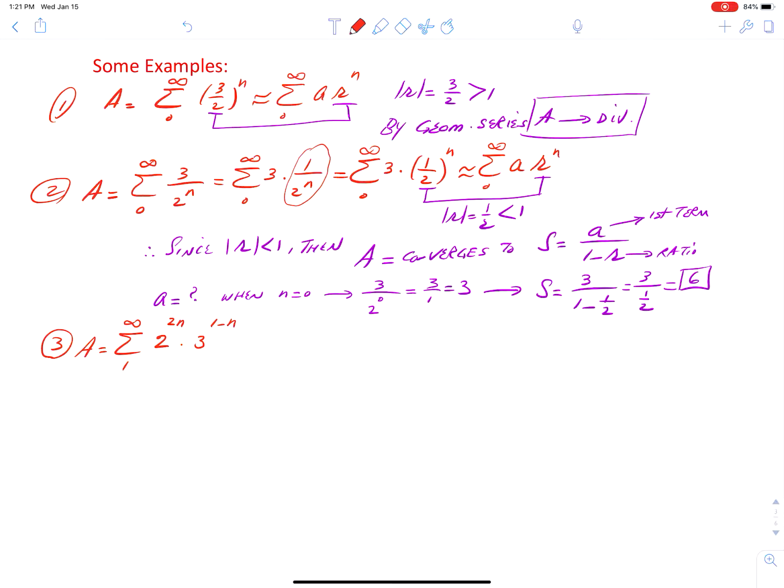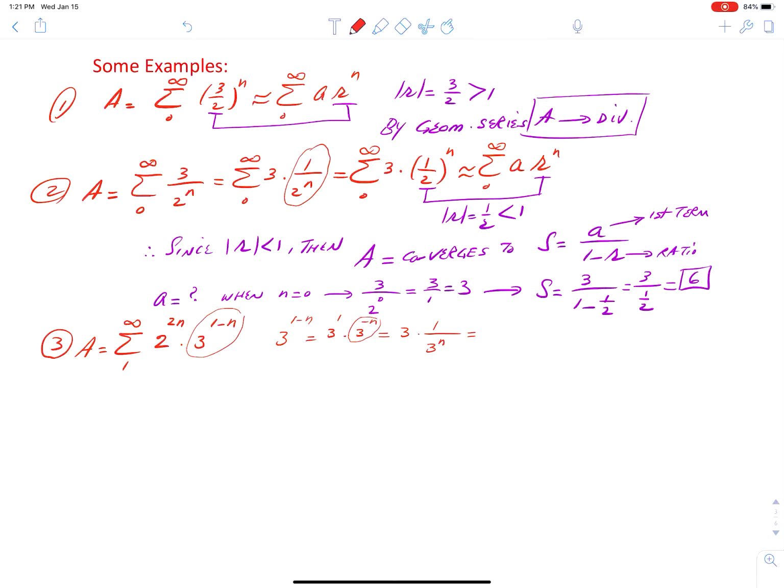I haven't seen anything that looked like that, but then again, wait a minute, I can take this from pre-calculus and write it as 3 power 1 times 3 power negative n. Any number with a negative exponent is 1 over the same number with the positive exponent.